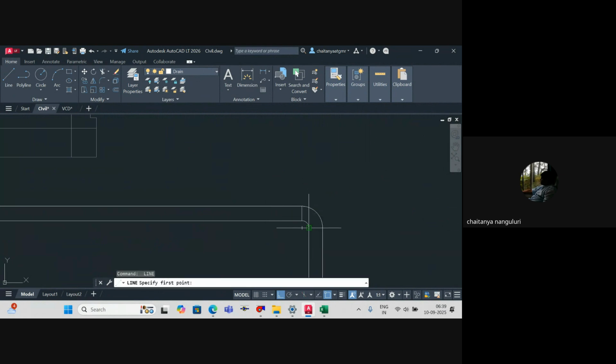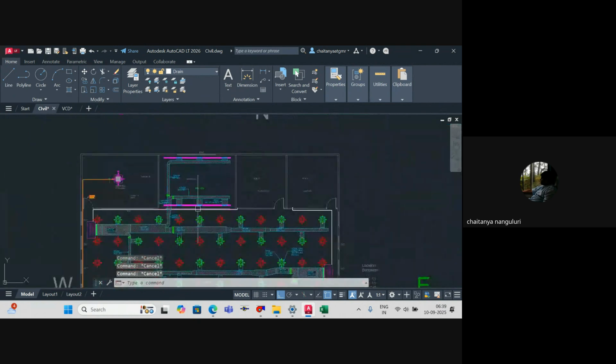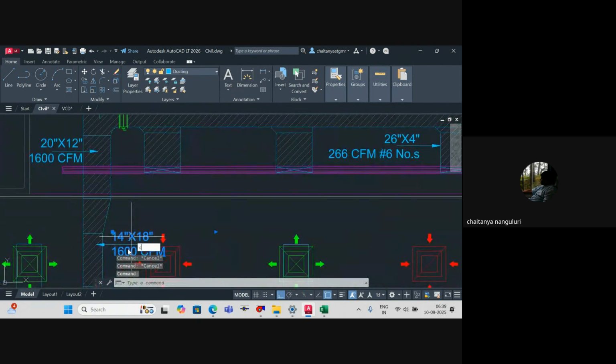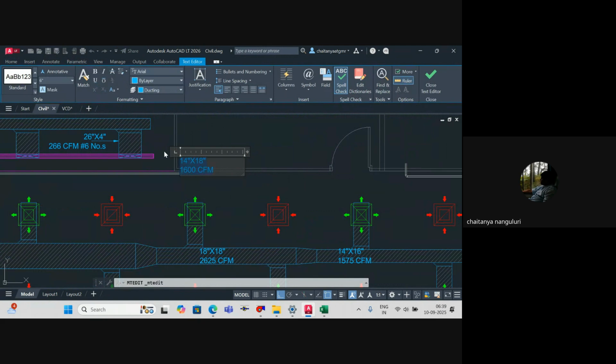So I'll just write it as 32 condensate drain pipe connected to nearest floor drain or something. First capacity is 32, drain would be floor trap.